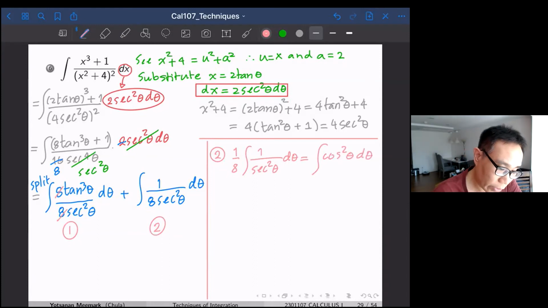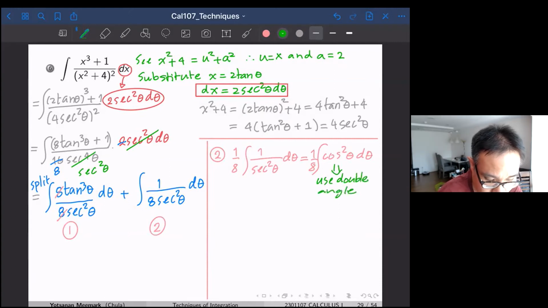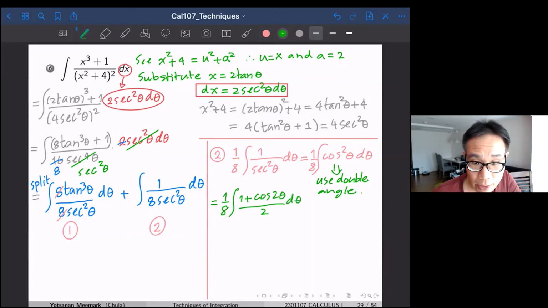To integrate cos square, we change to double angle. So you would get 1/8 and integrate (1 plus cos 2 theta) over 2 d theta.